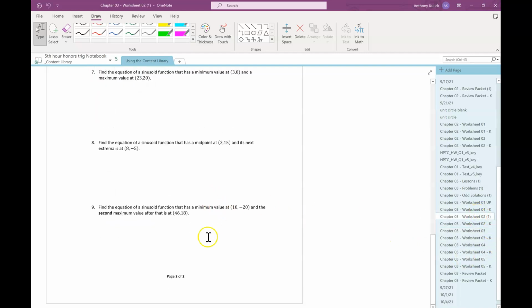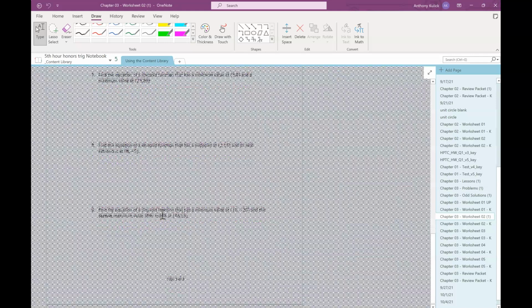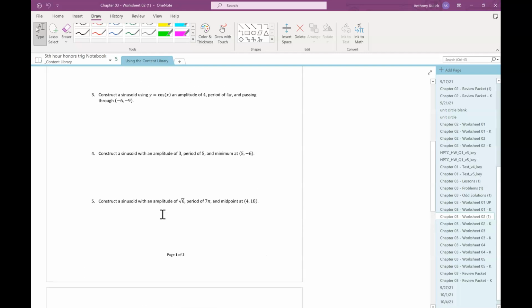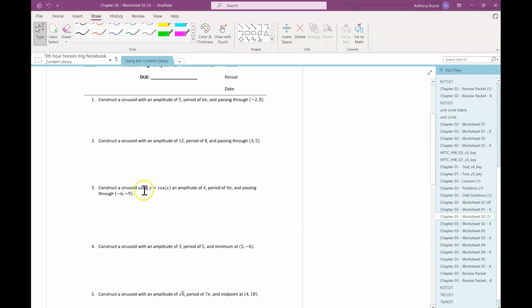But in worksheet 2, it just says the sinusoid, so either a sine or cosine function is fine. You can pick whatever one seems easier to you, unless it specifies in the problem specifically. I don't remember if I had one in here that said write the cosine or what. Yeah, so there is one where I ask you to do a specific. But otherwise, unless you're told, you could just pick whether you want to do a sine or a cosine one.